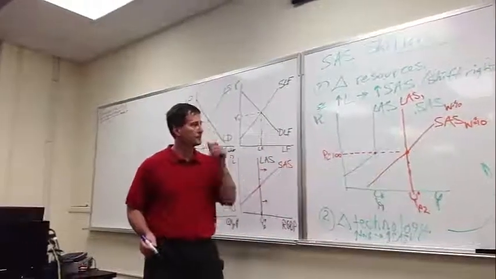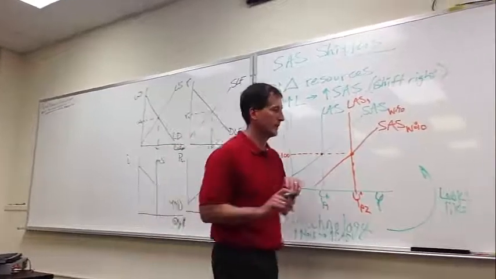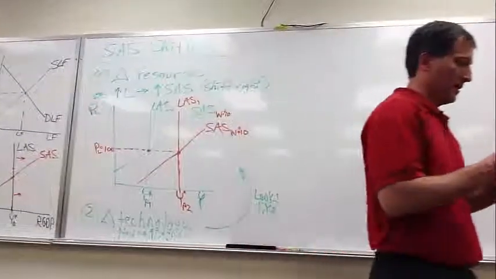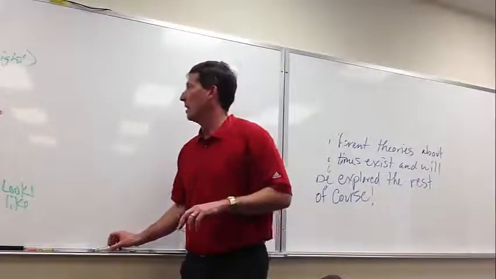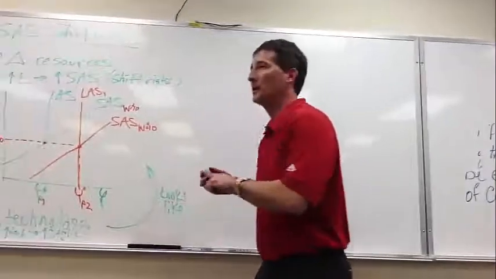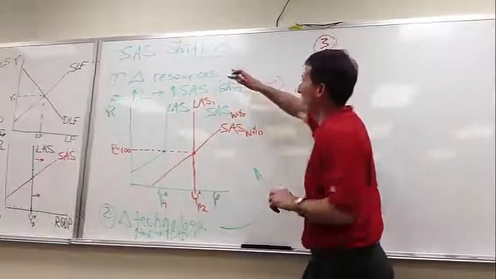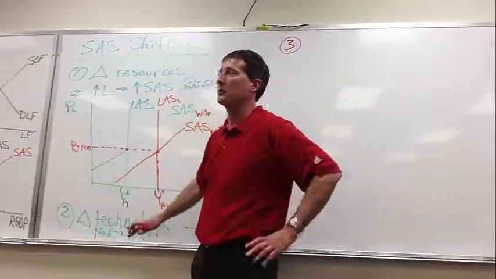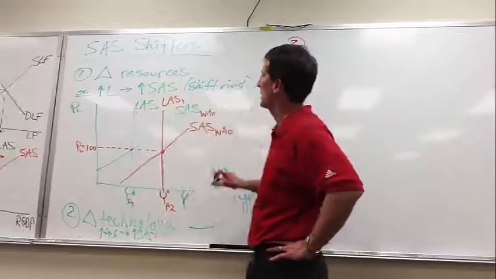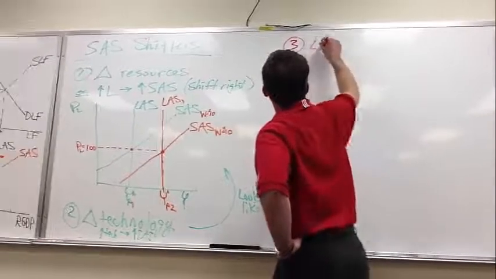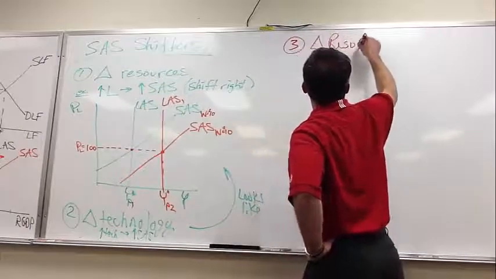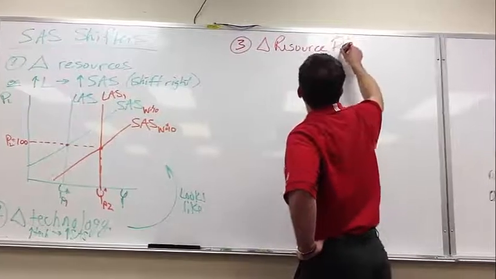Same thing. All right, the last one's the big one. The third shifter, which remember we stopped at 2 shifters, even though it could be any of these resources in here. The third one is a change in resource prices.